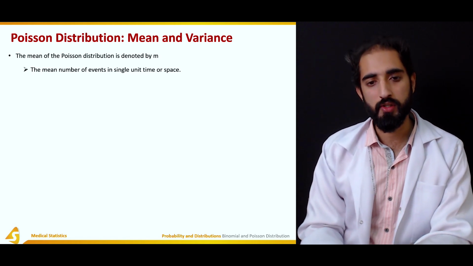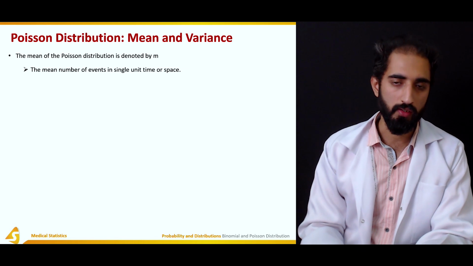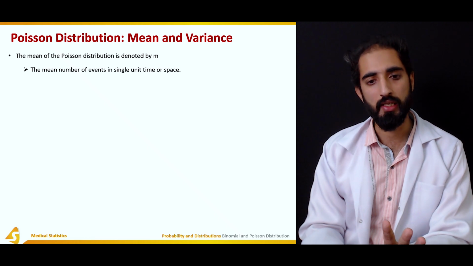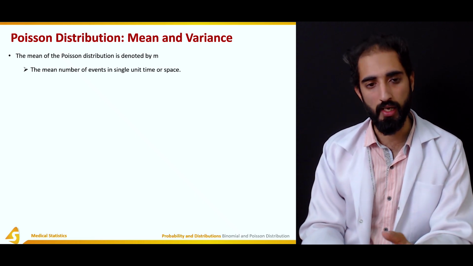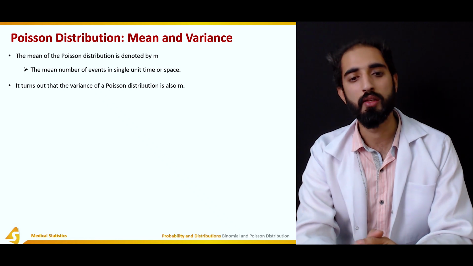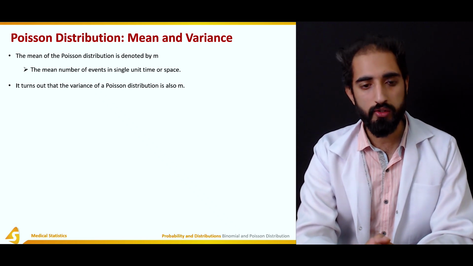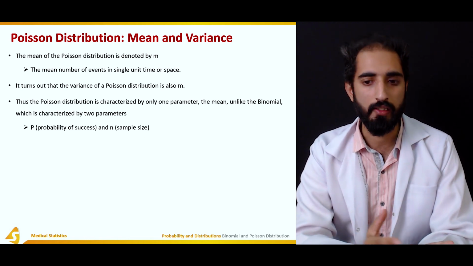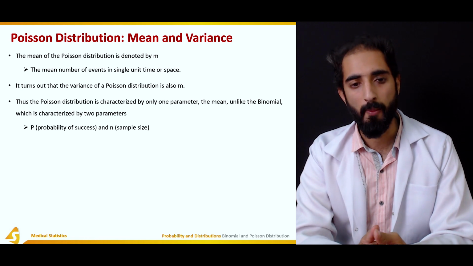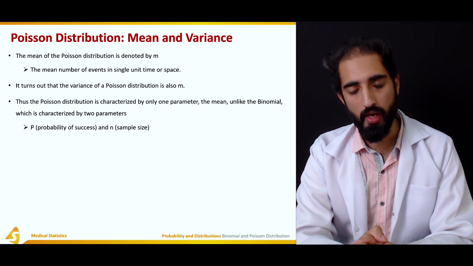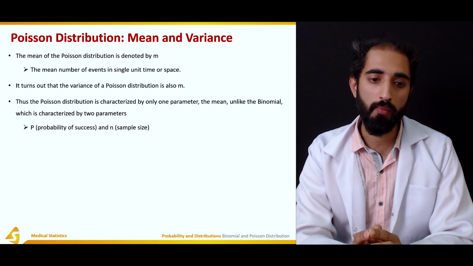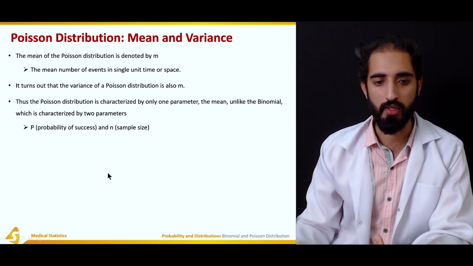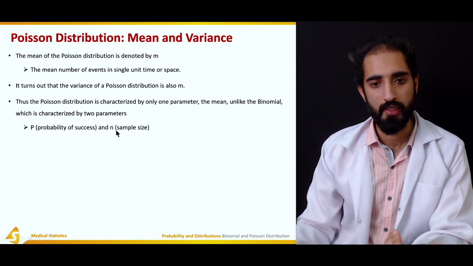Now the mean of the Poisson distribution is denoted by M, as we already discussed when we were using the formula and calculating the distribution. So the mean number of events in a single unit of time or space is known as M. It turns out that the variance of the Poisson distribution is also M. Thus the Poisson distribution is characterized by only one parameter, either the mean or the variance, because both stand for M. Unlike the binomial distribution, which is characterized by two parameters, the probability of success and the sample size.